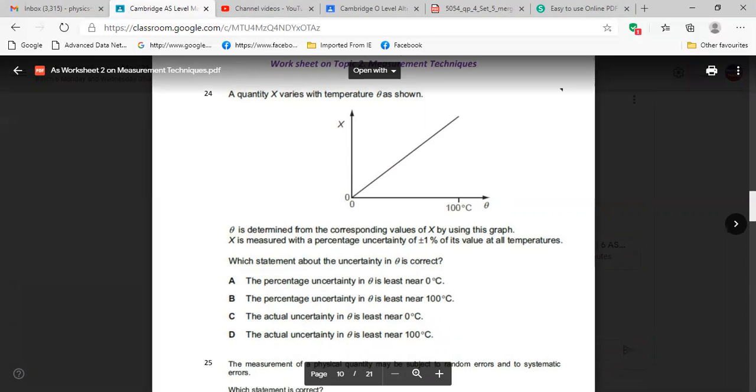Inequality X varies with temperature as shown. Theta is determined from corresponding values of X by using this graph. X is measured with a percentage uncertainty of 1% of its value at all temperatures. Which statement about the uncertainty in theta is correct? Yeah, choose your answer.